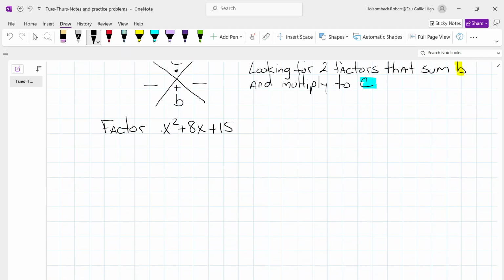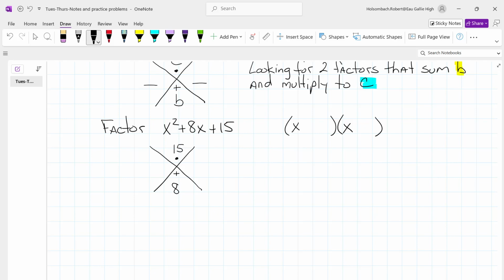When we're factoring x squared plus 8x plus 15, our factors are going to be two binomials. Since a is 1 and our first term is x squared, there's always going to be an x here and an x here. Then we're going to draw this little x. We're looking now for two numbers that multiply to 15, but add together to equal 8.